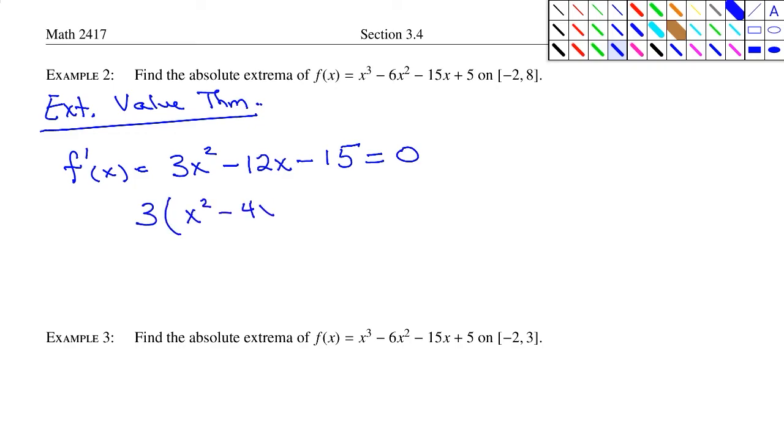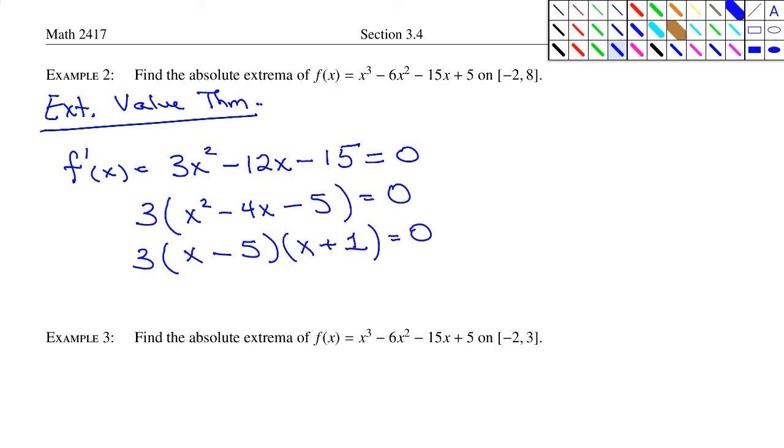Factoring out a 3, I get x squared minus 4x minus 5 equals 0. Factor. We get x minus 5 and x plus 1, which gives me x equals 5 and x equals -1.